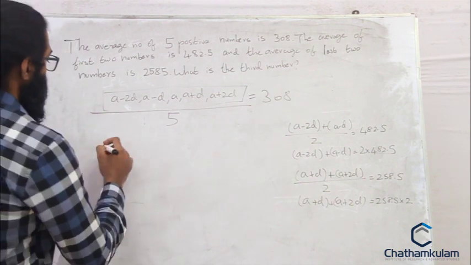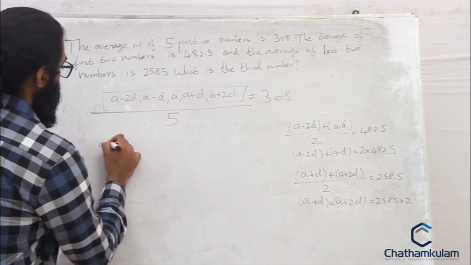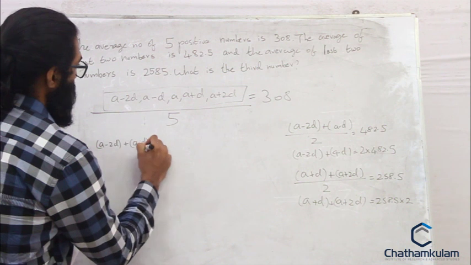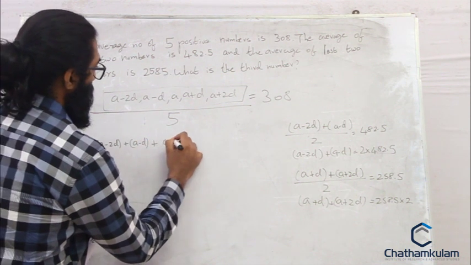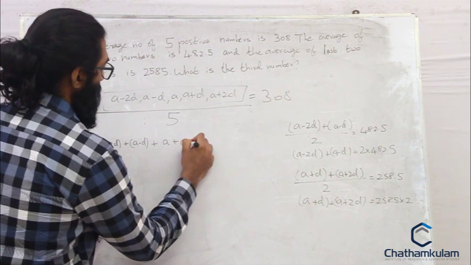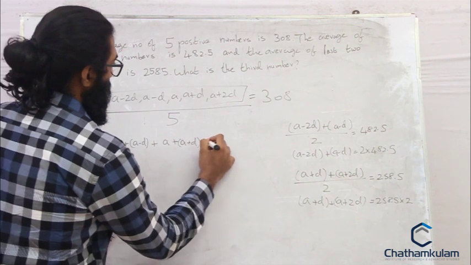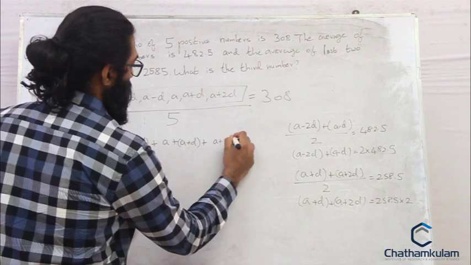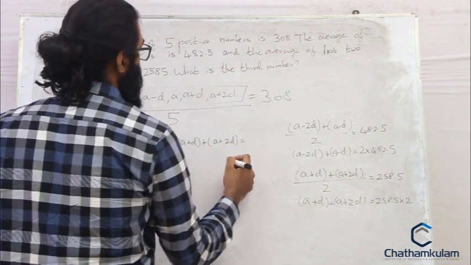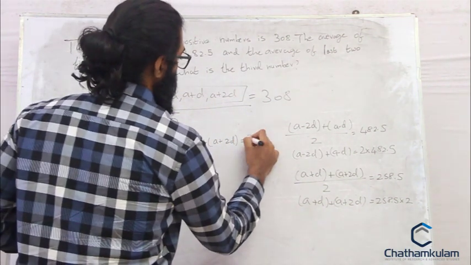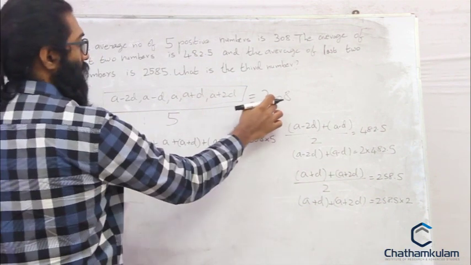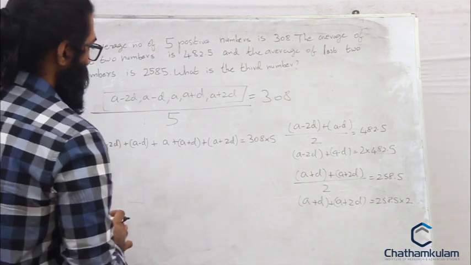So we can write this as a minus 2d plus a minus d plus a plus a plus d plus a plus 2d equals 308 into 5. We bring this 5 over here. So this is what we get.